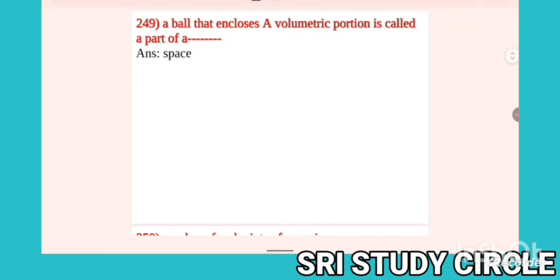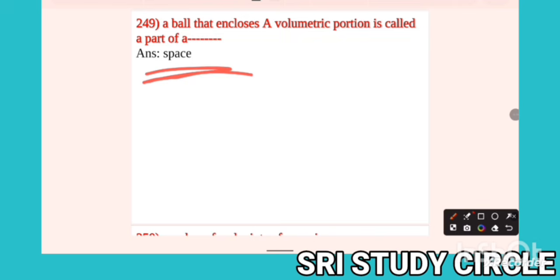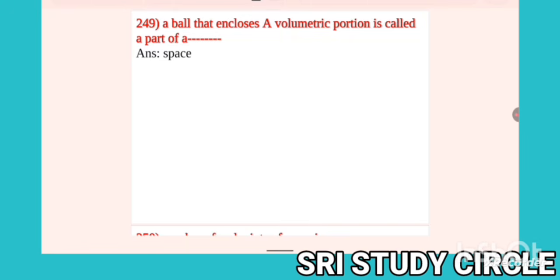A ball that encloses a volumetric portion is called part of space. What is known here? Space. A ball that encloses a volumetric portion is called part of a space. Right. Next one.